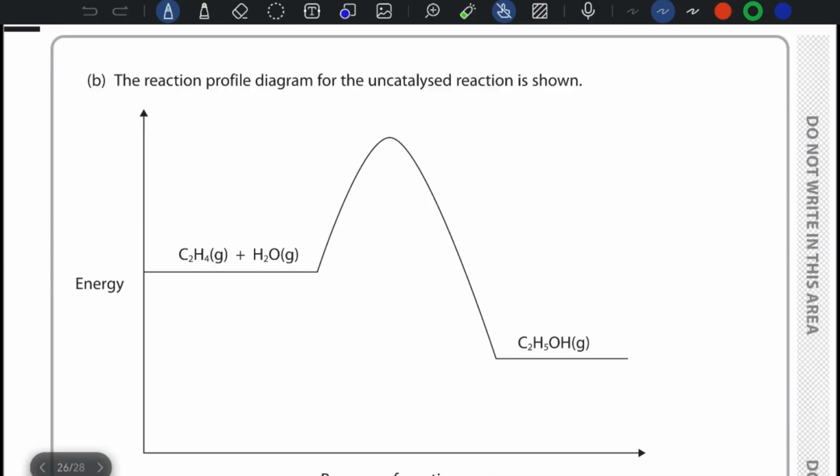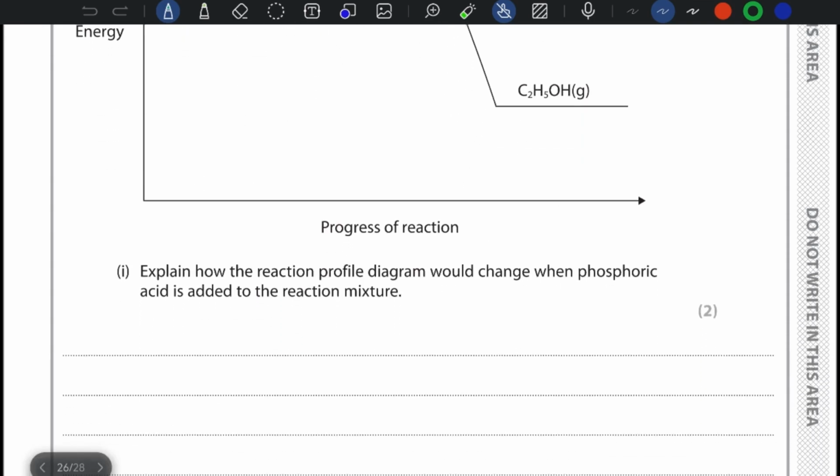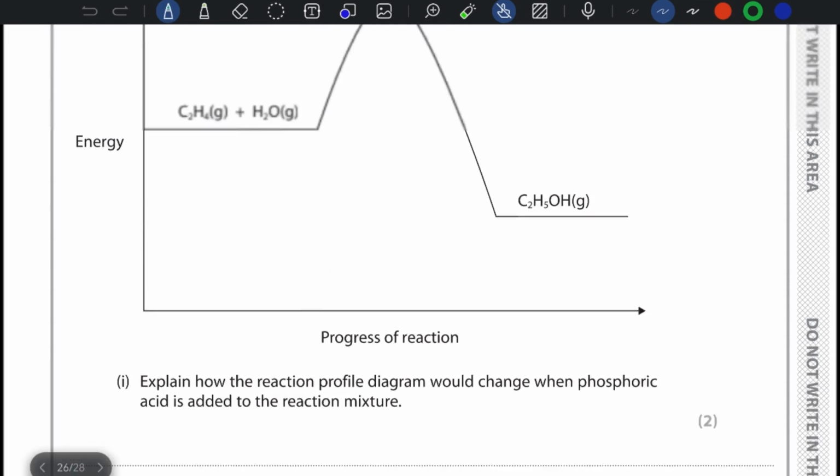The reaction profile diagram for the uncatalyzed reaction, the reaction without catalyst, is shown. Explain how the reaction profile diagram would change when phosphoric acid is added to the reaction mixture.